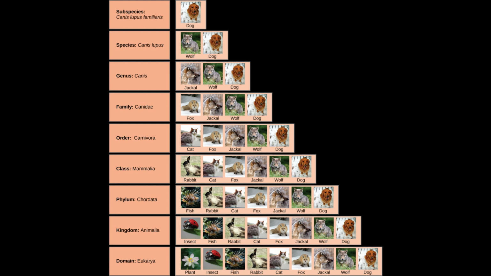Organisms also have common names that people typically use, such as domestic dog or wolf. Each taxon name is capitalized except for species, and the genus and species names are italicized.